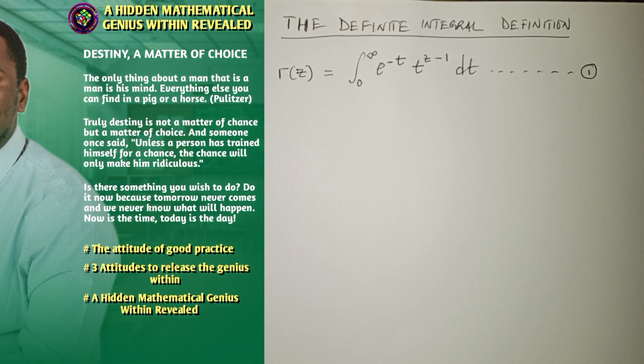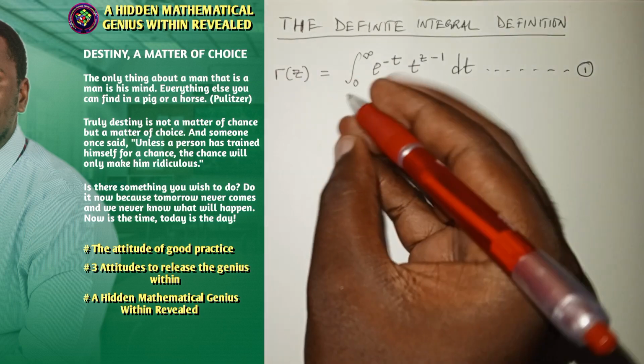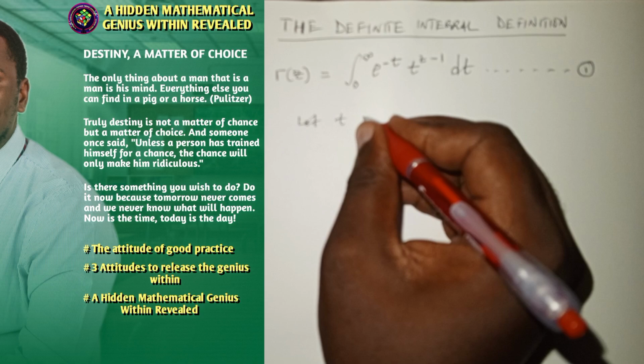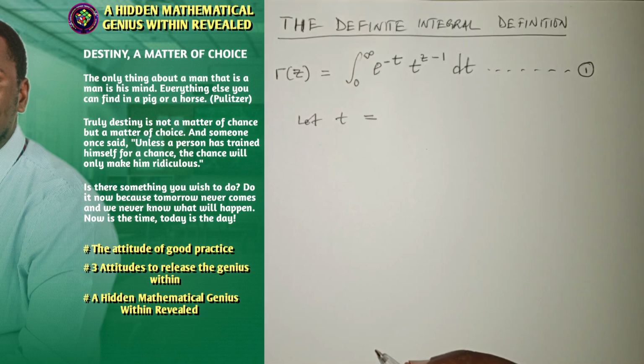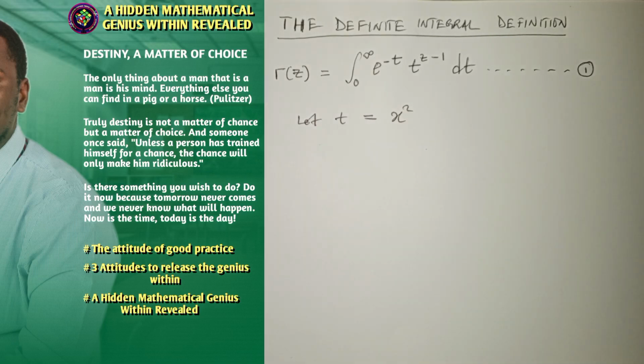Okay, the other form will be: let t equal to x squared, so where there is t we are going to put x squared. When you substitute for t, we also need to make x the subject of the formula.